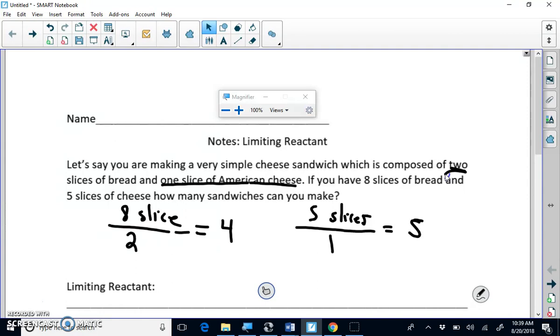The reactant that limits the amount of product you can make is the limiting reactant. The one that you have enough of, that's not the limiting reactant, is called the reactant in excess. In this case, the cheese, slices, and bread: the cheese is in excess, and the bread is the limiting reactant.